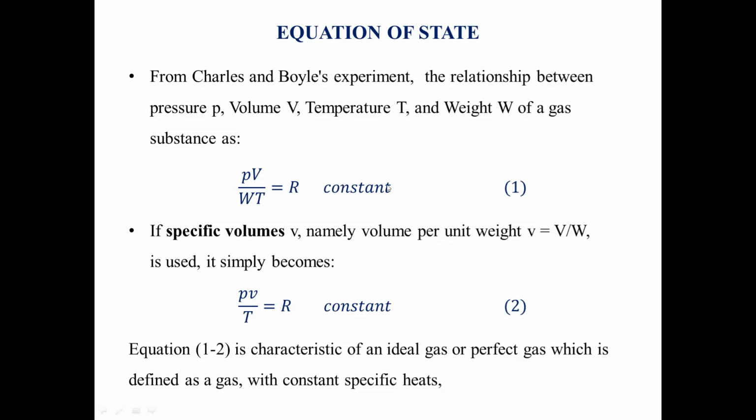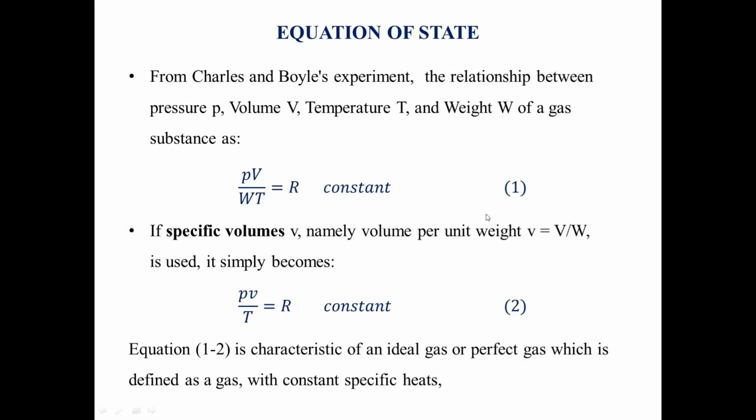So this R is the gas constant actually. Presenting this with respect to specific volume, specific volume v is equal to the volume of an object divided by the weight. So when volume is divided by weight, we get Pv over T is equal to R, which is given as a constant. So this is just from the ideal gas law.